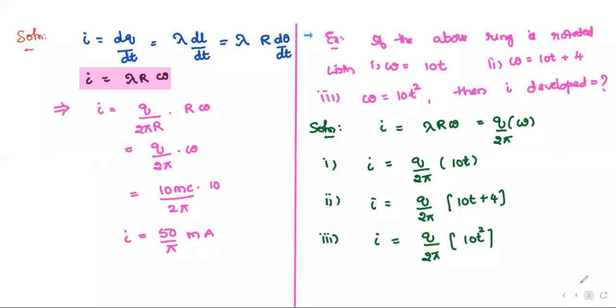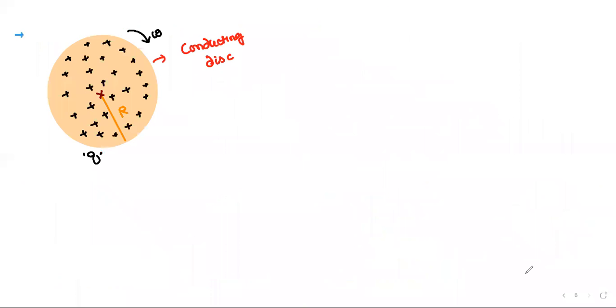The disc is part and parcel of many rings, not one ring. Am I right? So if you assume a ring here, then for the ring you can use the formula q omega by 2 pi, not for the whole disc. I think you got my point.